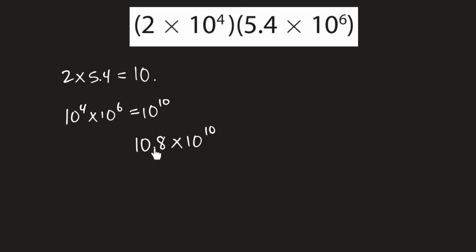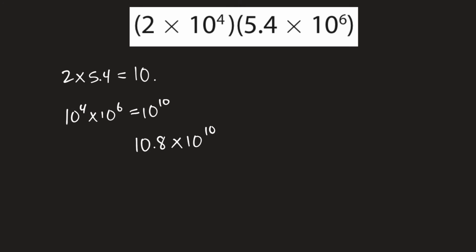Now if I move the decimal over here, this exponent has to increase by 1, because remember, this 10 says I have to move it 10 spaces all the way to the right. So if I have it here, I now have to move it 11 spaces to the right for it to be the same number.